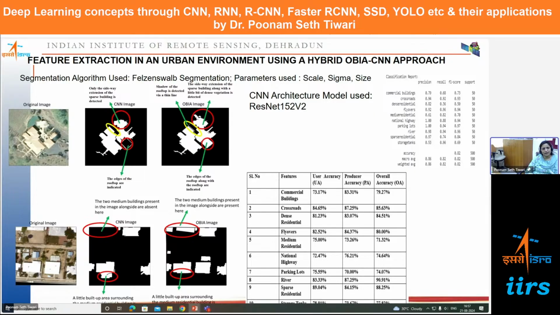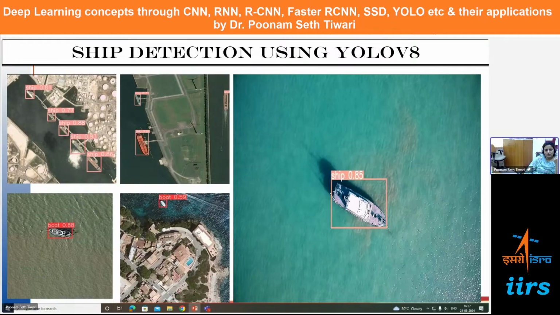This is again feature extraction in an urban environment, using a hybrid object based and CNN approach. You can see different types of buildings have been extracted. Ships are also detected in the ocean. The counting has been done, which can be used for maritime surveillance.